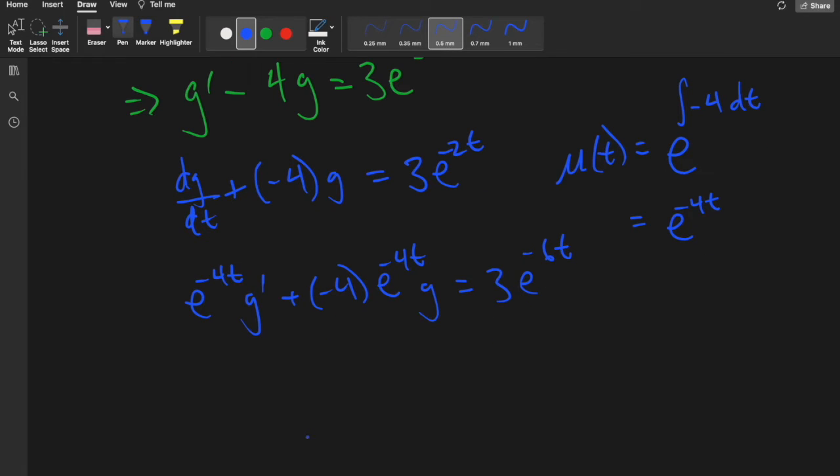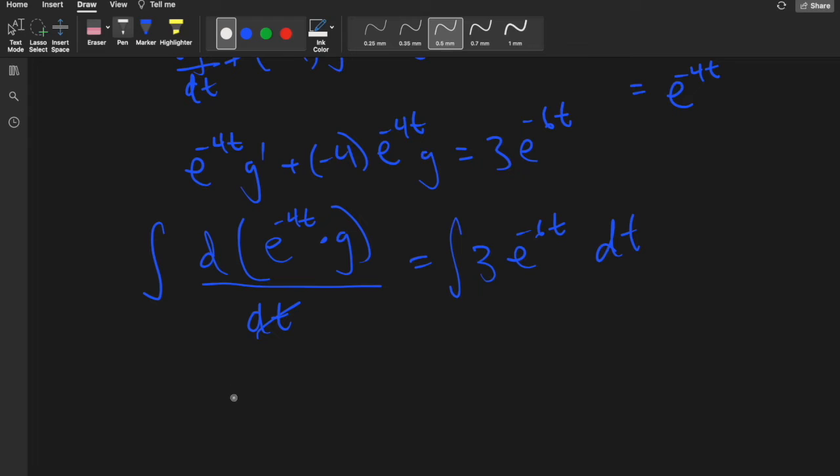What we get on the left side here is we can write this left side as e to the negative 4t times g, whole thing prime. So d of that by dt is equal to 3e to the negative 6t.